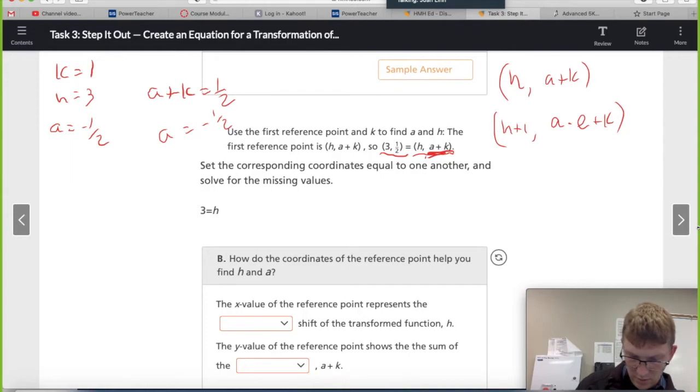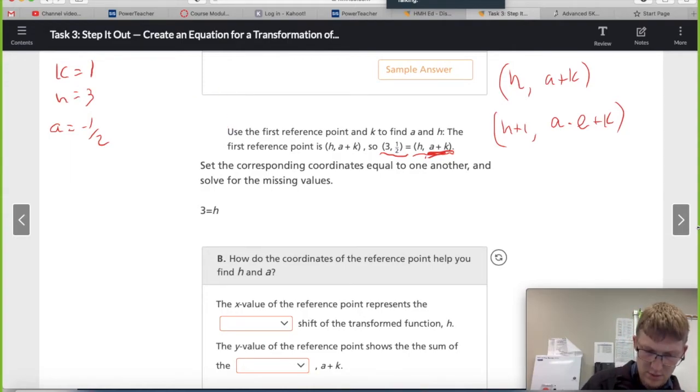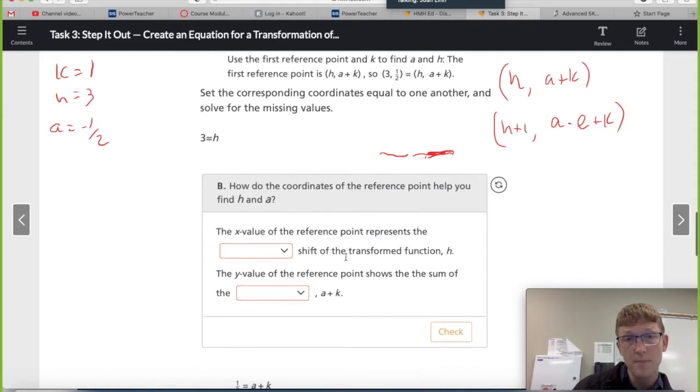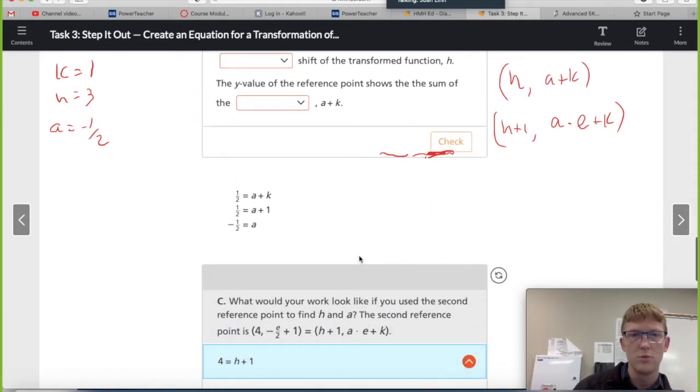Let's see here, what else are we missing? Let's get rid of some of this stuff. And let's see, how do the coordinates of the reference point help you find h and a? We just did it, so we'll move on.